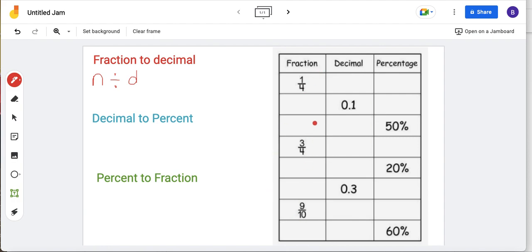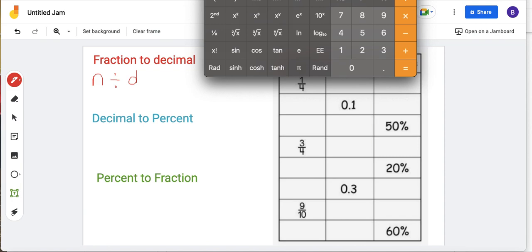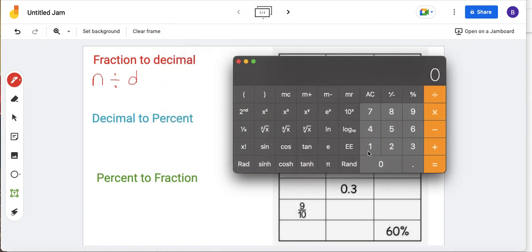So if we look at the first problem in the table, 1/4, if we did 1 divided by 4, just do this really quick, 1 divided by 4, we would get a decimal of 25/100ths.